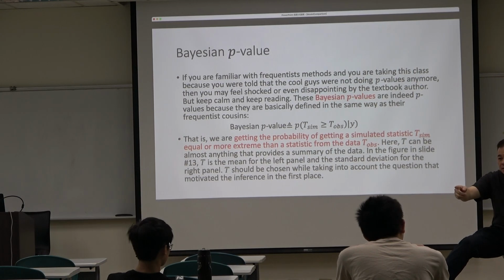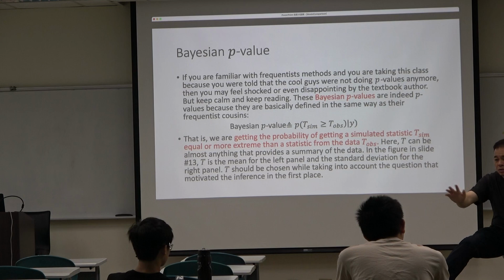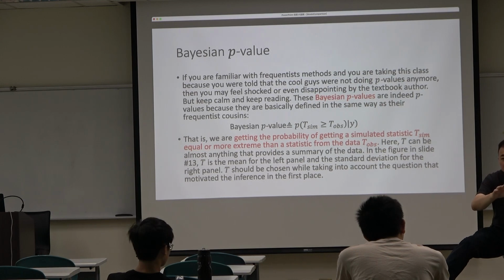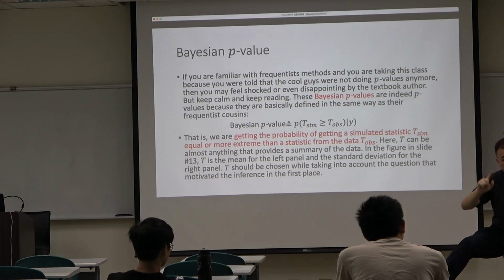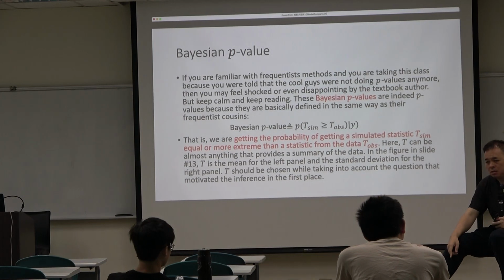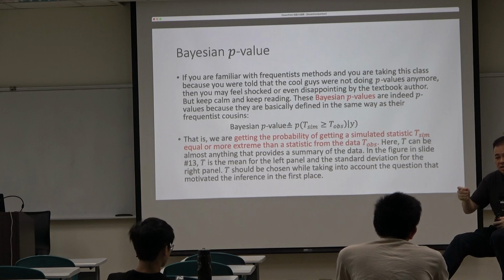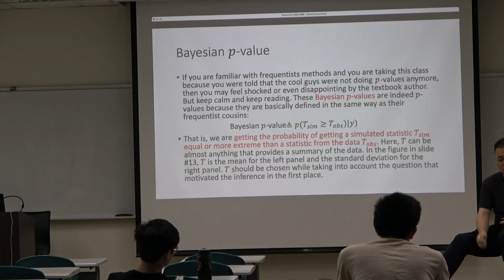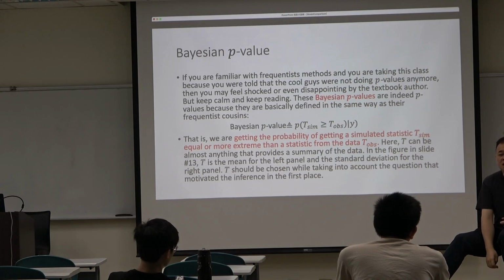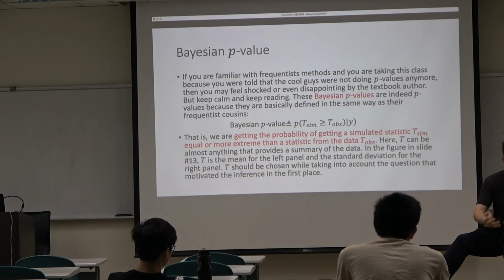That's not a difficult question. But if I give you a second scenario, this time the data collection is done like this: I flip the coin until I get 3 heads.